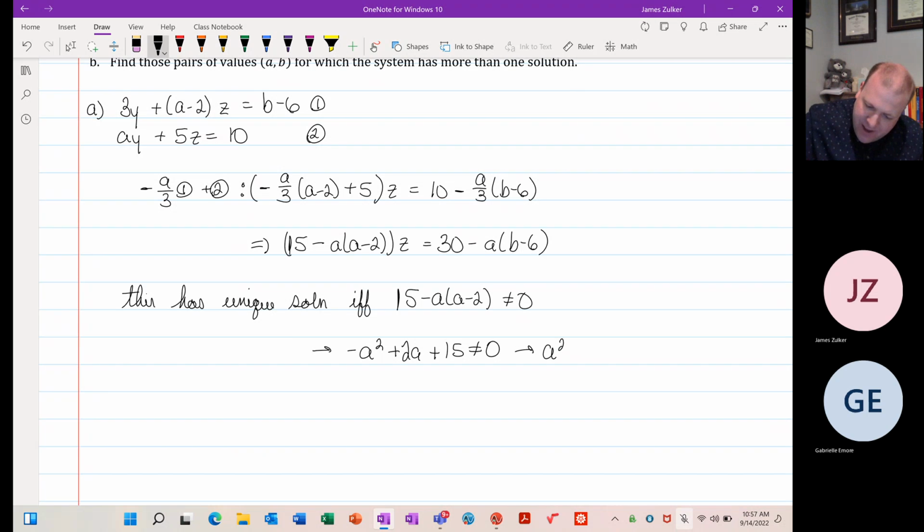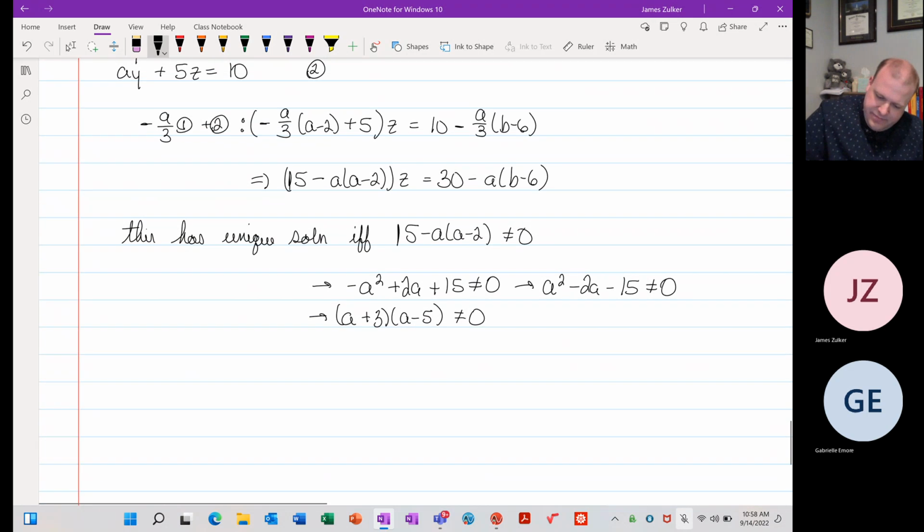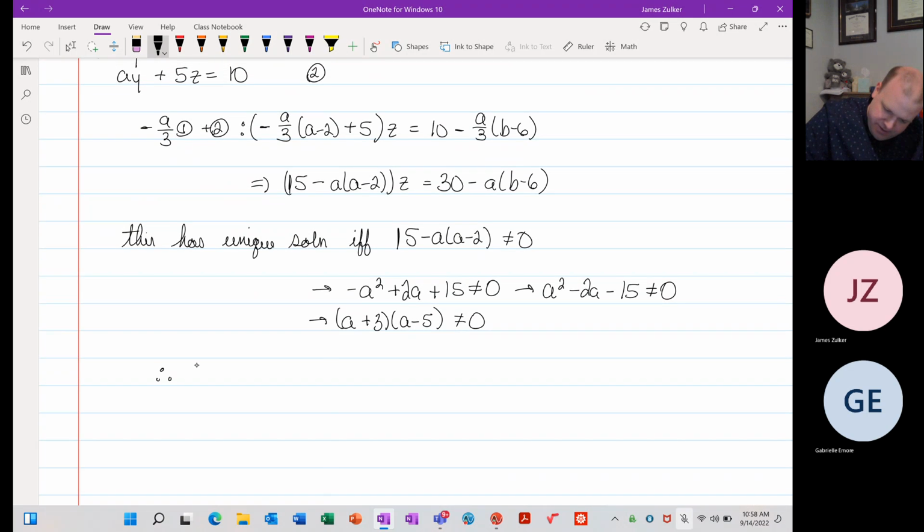Multiply through by a negative: a squared minus 2a minus 15 can't be 0. That can be factored, right? We get a plus 3, a minus 5 can't be 0. So what we get is the set of all a such that a does not equal negative 3 and a does not equal positive 5.